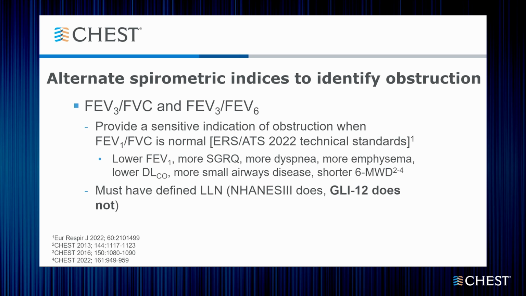So this does identify an important group, where you're less than the lower limit of normal here, but above the lower limit of normal here. But once again, the same problem is we do not have lower limits of normal for these parameters in GLI. We do for NHANES 3.